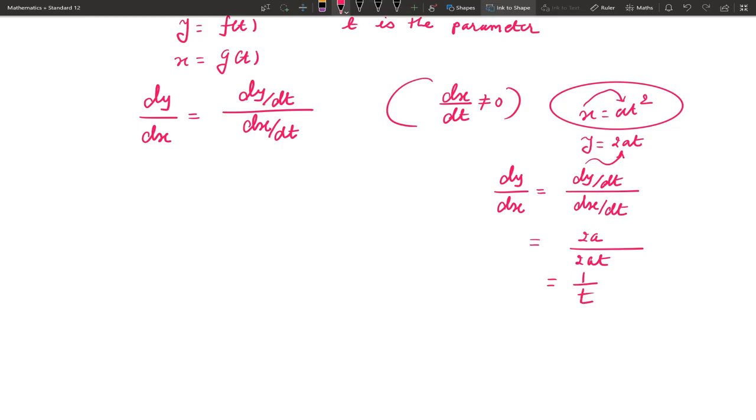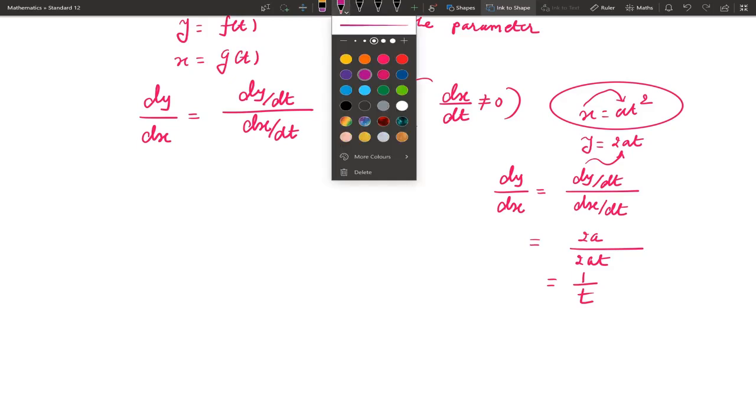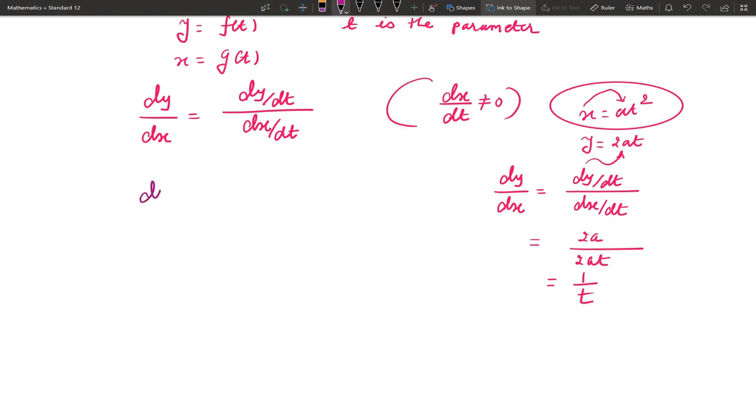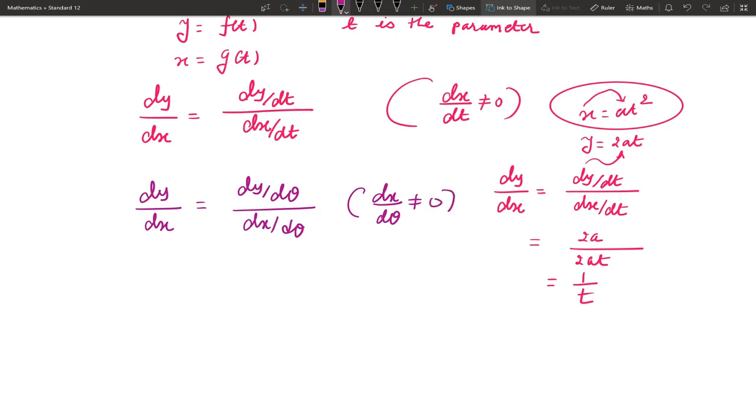So in this case, t is parameter, then dy by dx can be obtained using dy by dt upon dx by dt. There may be theta as a parameter. So in such a case, if theta is parameter, then dy by dx can be obtained as dy by d theta upon dx by d theta, where dx by d theta not equal to 0 if theta is the parameter.